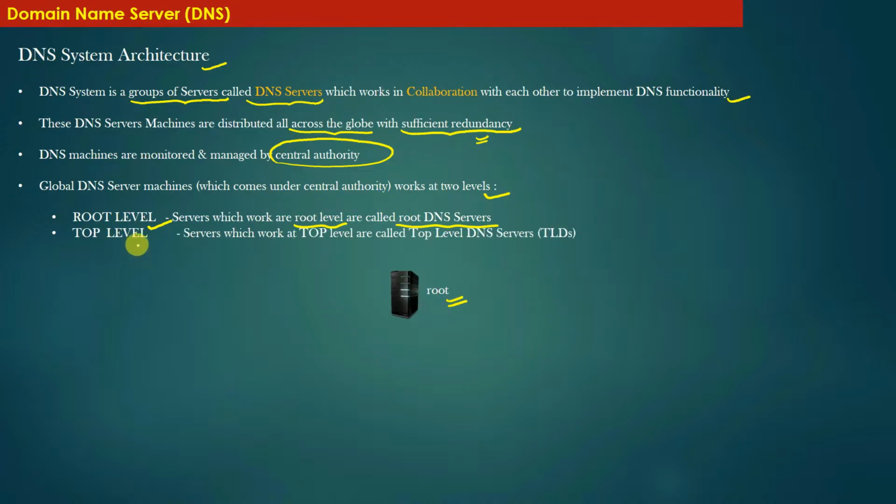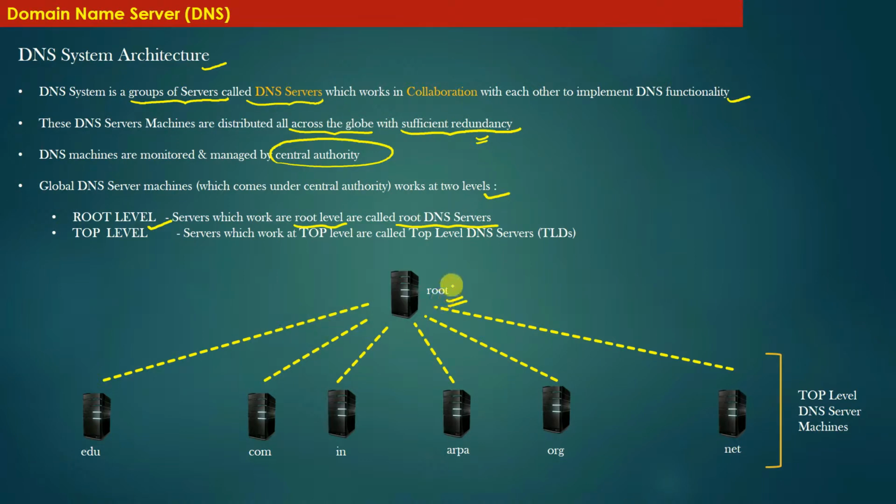The second type of DNS servers are called top level DNS servers. These are the DNS servers which work at the top level. You can see in this diagram that below the root DNS server come the top level DNS servers. You can see that there are only a handful of top level DNS servers.